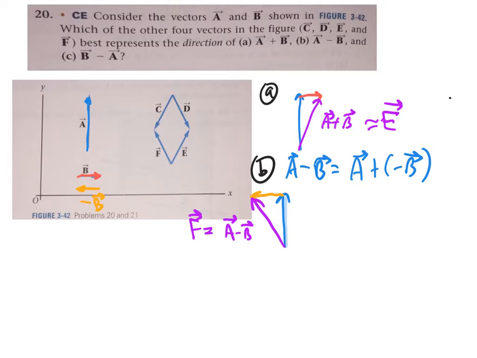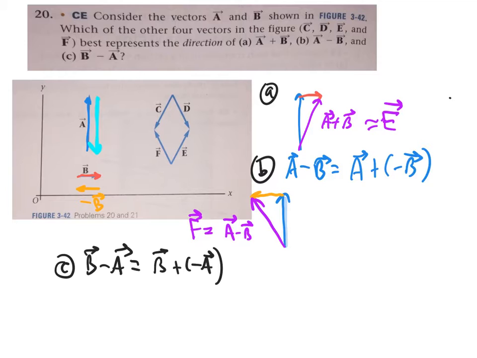Okay, and then c. And in C, we want b minus a. And so we remember that b minus a is the same as b plus minus a. So I need to construct what minus a would be. Minus a is that, shall we say.